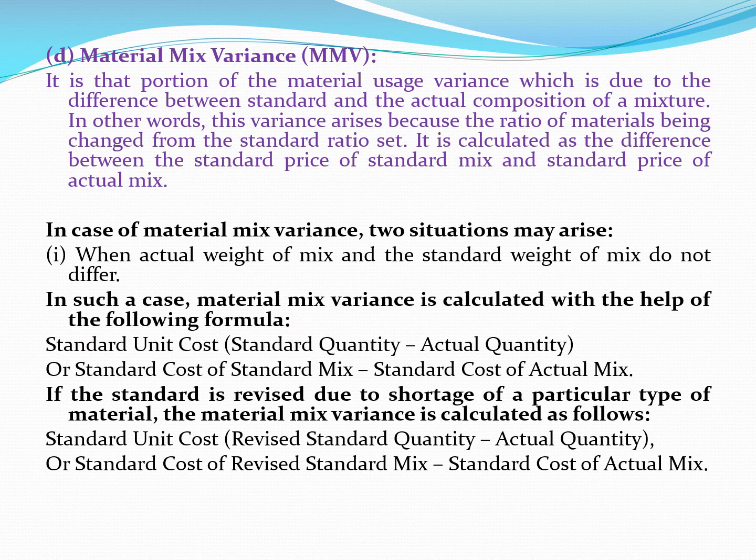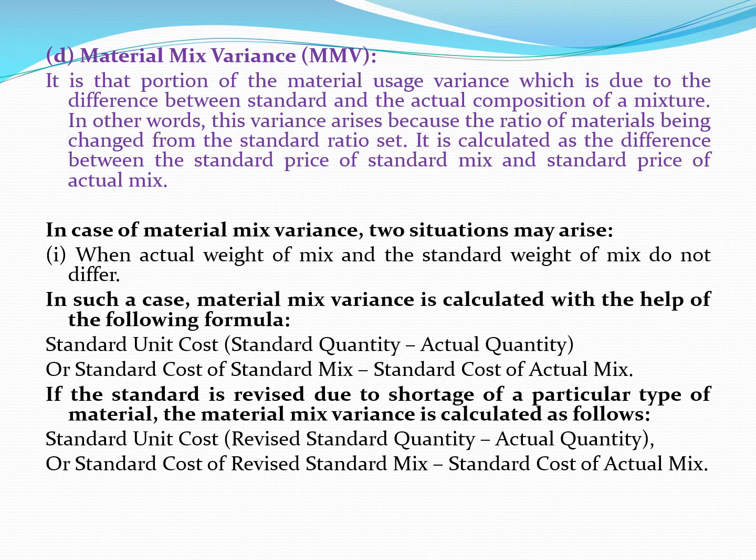Now let us go to the next material variance, which is material mix variance. What is the proportion of different materials used? In that also we can observe variation or deviation. So how does it affect the material cost variance? Material mix variance is that portion of the material usage variance which is due to the difference between the standard and the actual composition of a mixture.